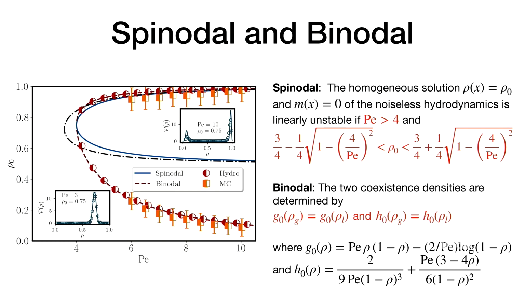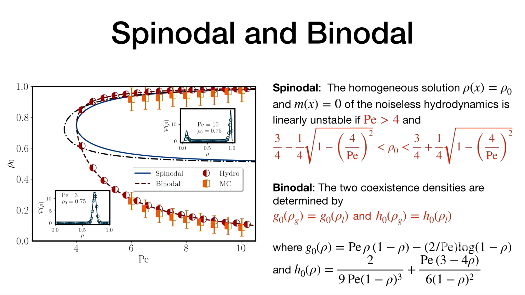This is the homogeneous solution, and if you do a linear stability analysis, you find that it is unstable within that blue line. So in this regime the homogeneous solution is linearly unstable, and therefore in this region the system separates into a low density and a high density phase.